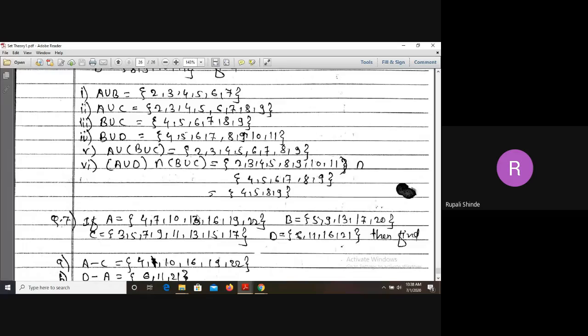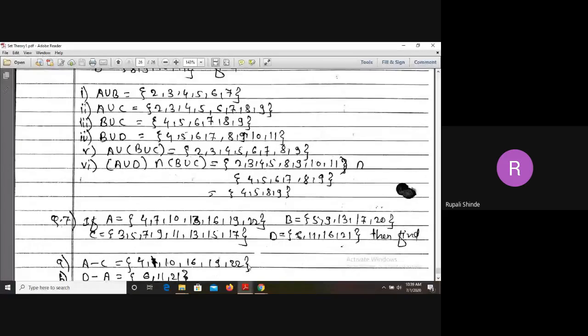So we are not going to consider this element for A minus C. Okay. Element 7. 7 is also part of C. So that is also we are not going to consider for A minus C. Just we have to find out all the elements those are present in set A and which are not present in set C. And those elements are 4, 10, 16, 19 and 22.